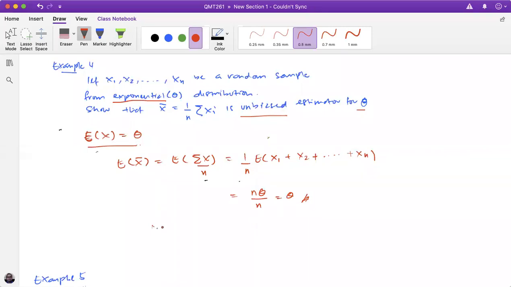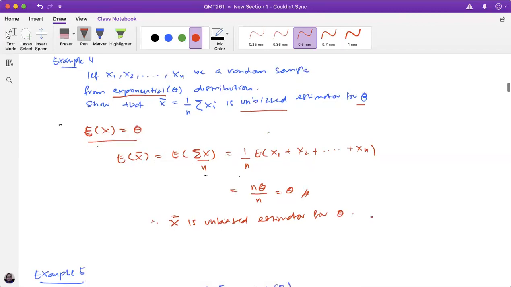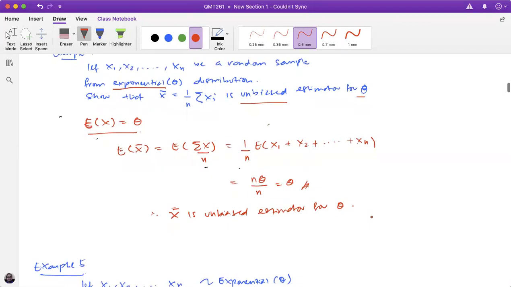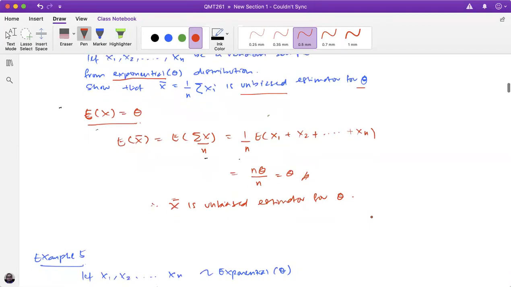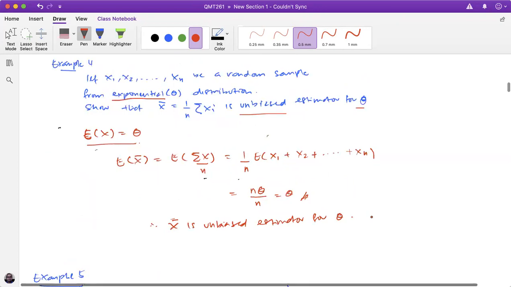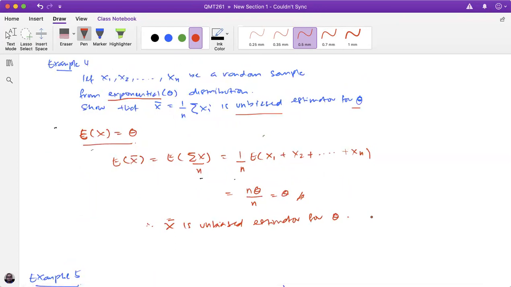So from here we know that x bar is unbiased estimator for theta. Right. Are you clear with this topic? Yes, sir. Can we move on? Yes, sir. All right.